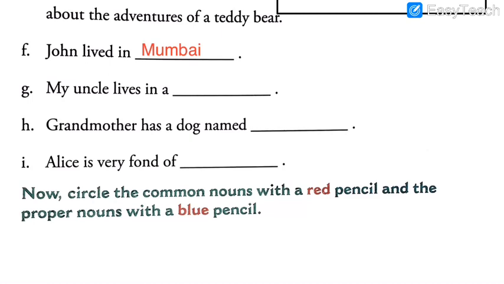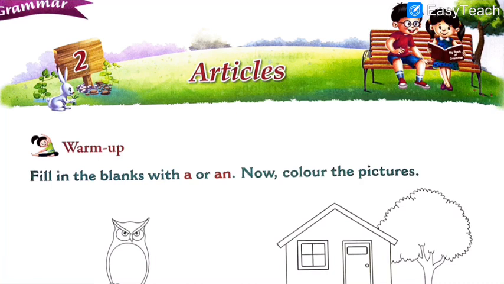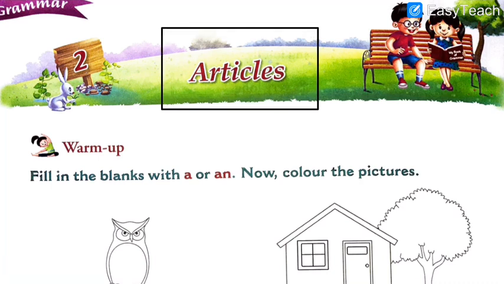So students, now let us jump towards the next chapter. Chapter number 2. Turn the page, those who have textbook. Those who don't have textbook, you can just give the heading Chapter 2 Articles in your rough notebook.